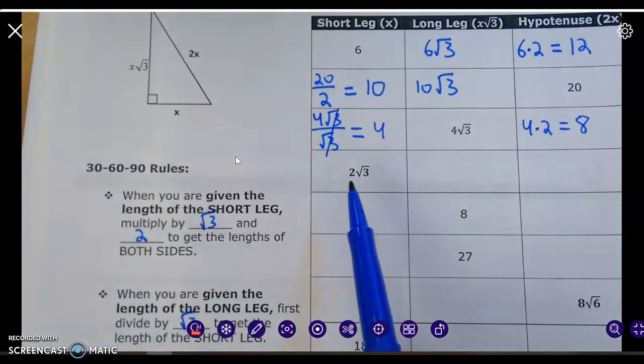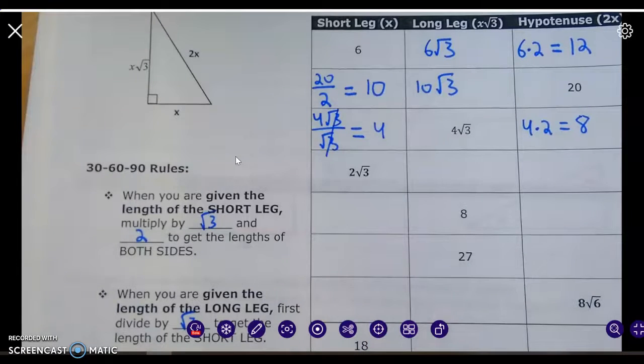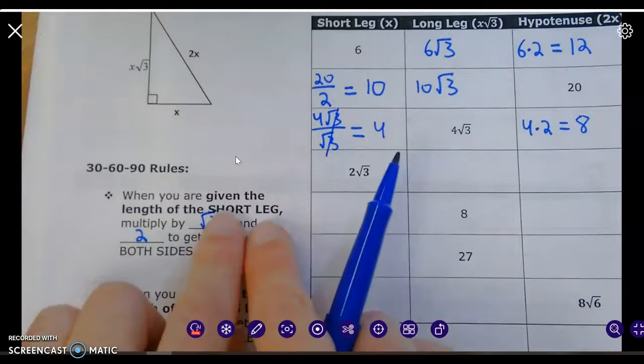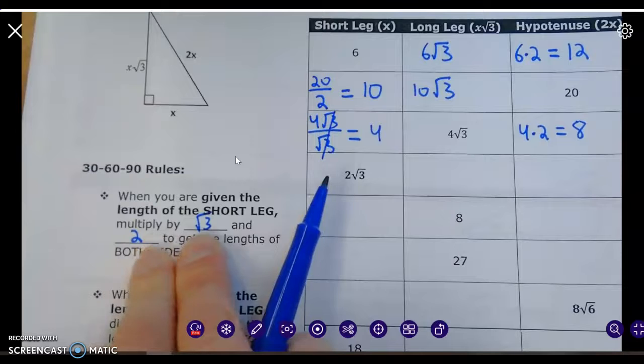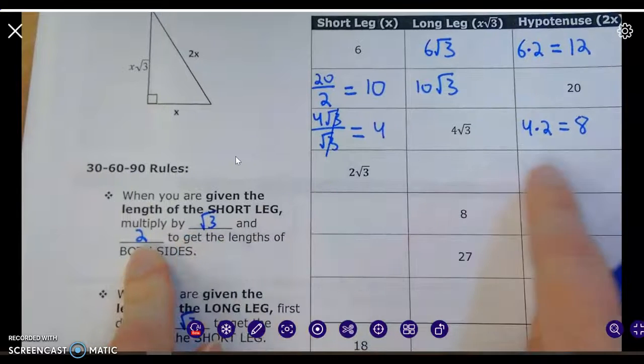Okay, what are we starting with? What's the 2√3 represent? Okay, so if we have a short leg, multiply by √3 and 2 to get our other 2 sides.